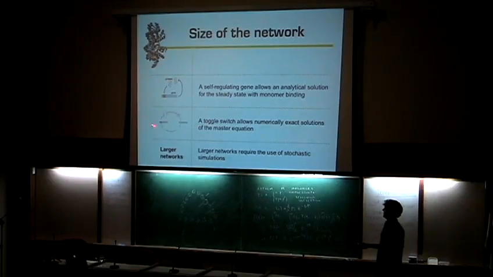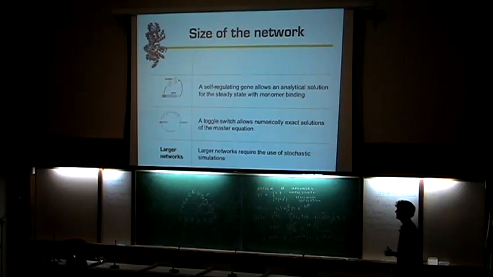Then we're going to start talking about the toggle switch, which is the two genes that repress each other. It has a much wider range of behaviors, and it has bistability and a lot of interesting things. But you already can't solve those equations exactly for this case.